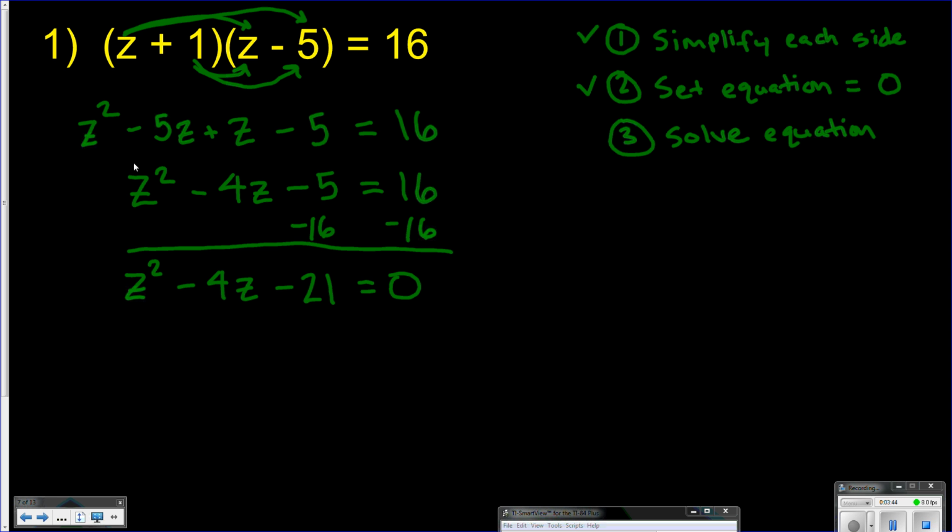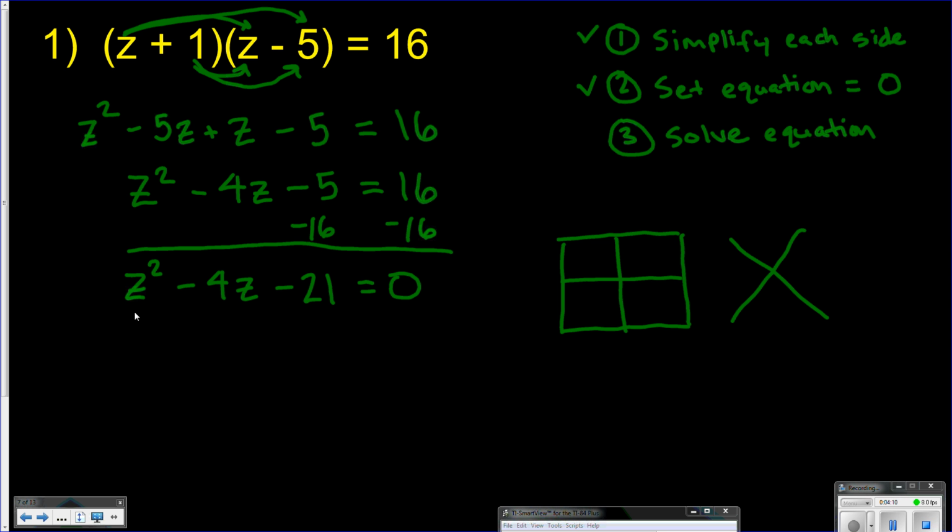And since I didn't use the generic rectangle to multiply those, I'll use it to factor just so that we're okay with that. So we'll set up our box here. And it always helps to do it off to the side. Don't do it right underneath your equation, because you're going to run out of room to do your equation. But you want to try to keep that all together.